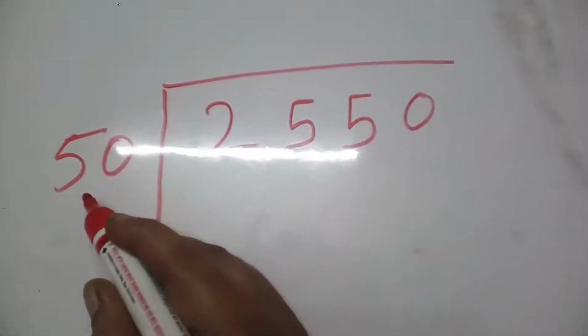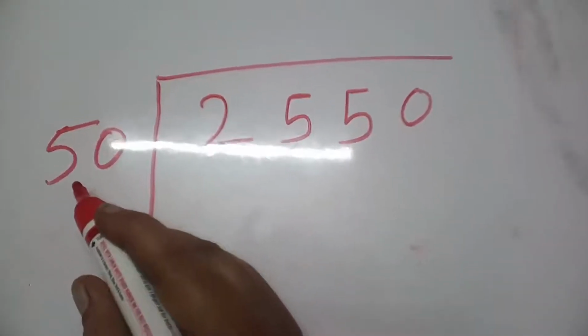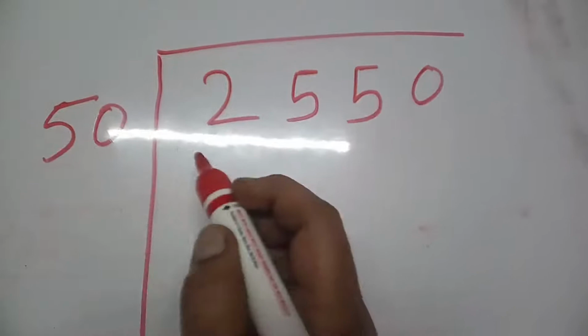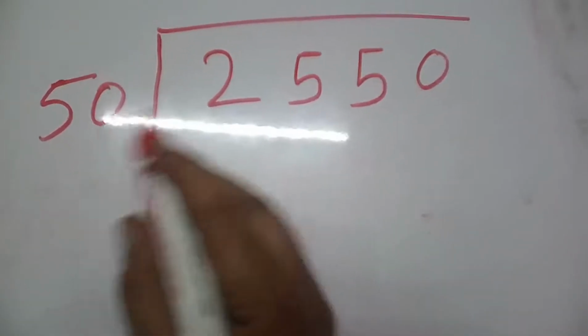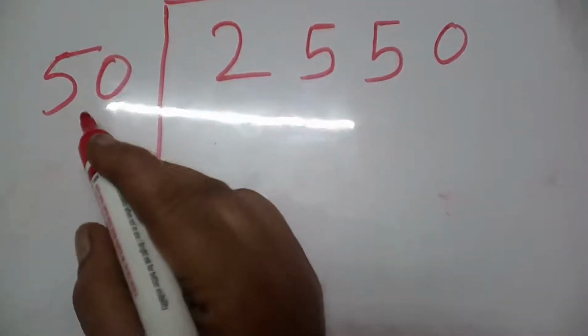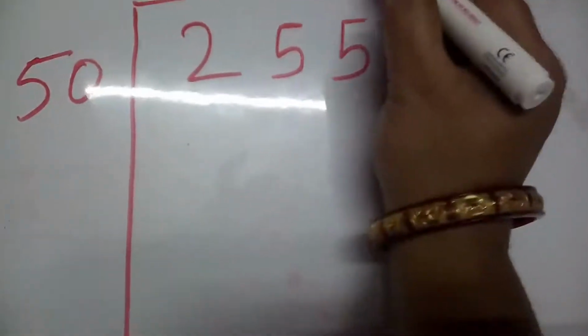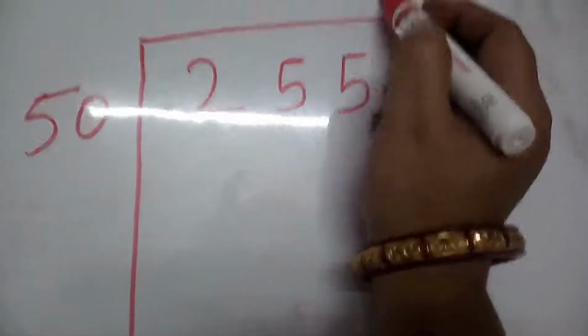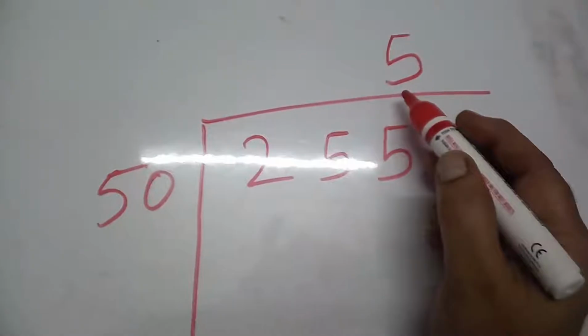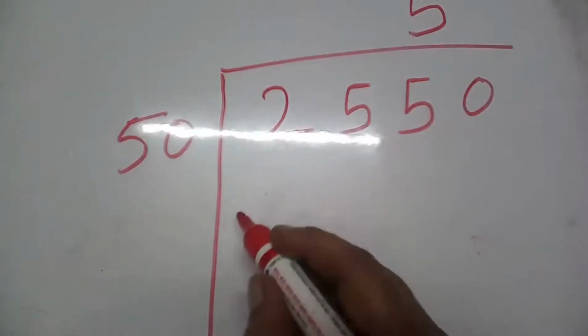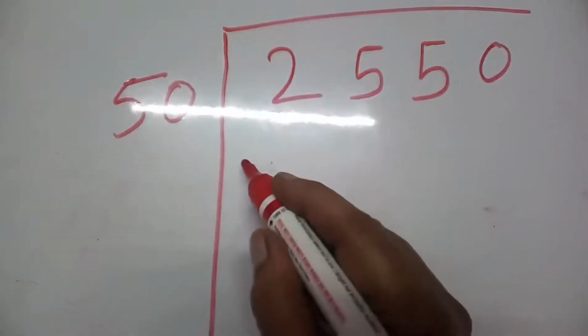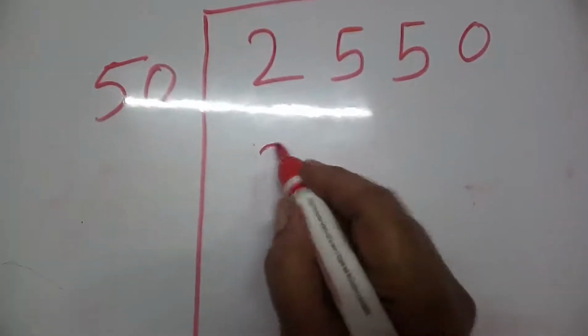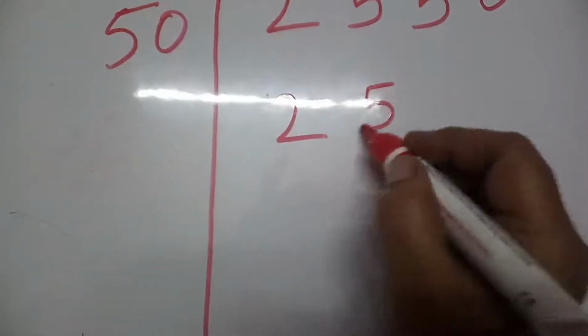You don't know 50's table, but you know 5's table. 5 5's are 25. So 50 5's are 250. I will write 5 in the quotient line. 5 5's are 25, 50 5's are 250.